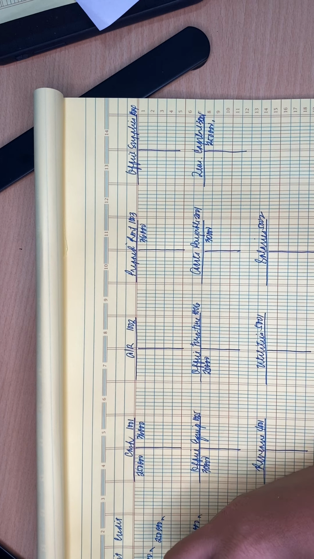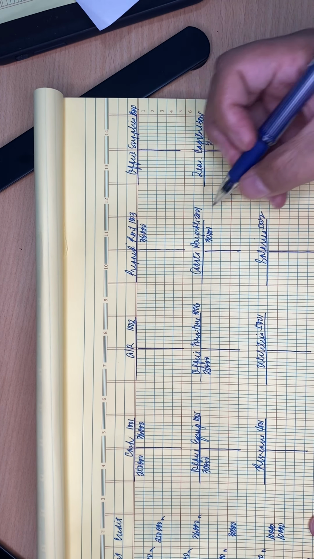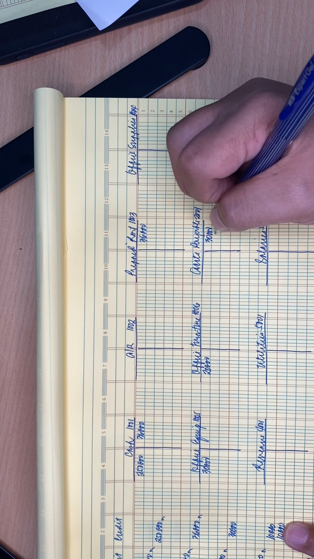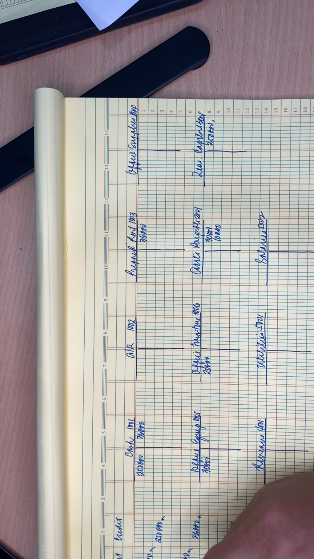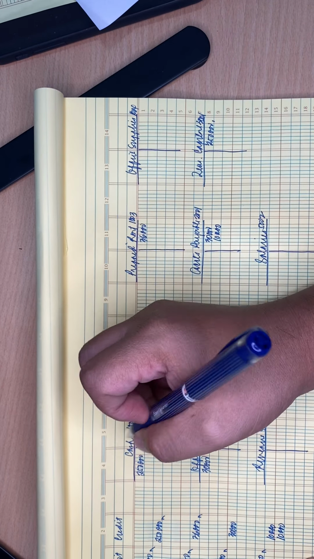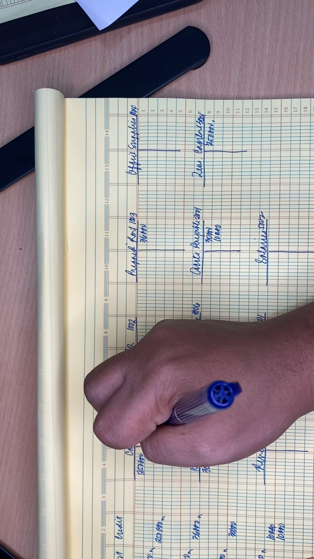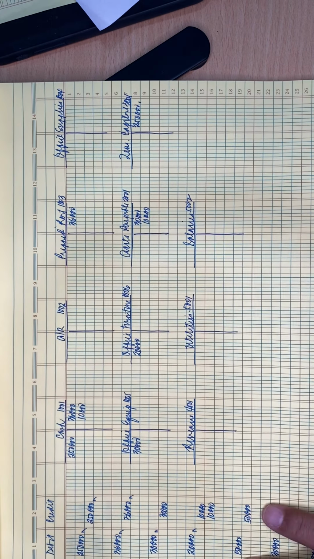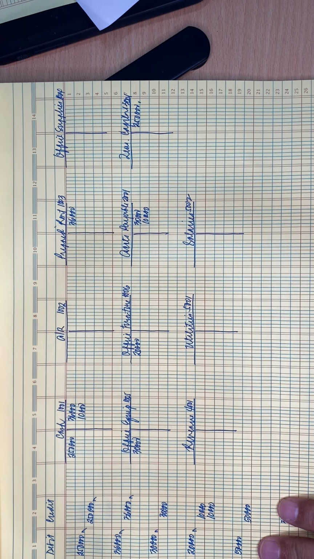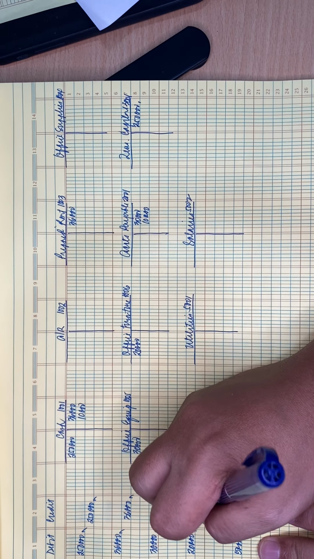So this is 1006. And then accounts payable, credit for 10,000. So this is 2001, and then cash for 10,000. So this is 1001. Okay, and then next.